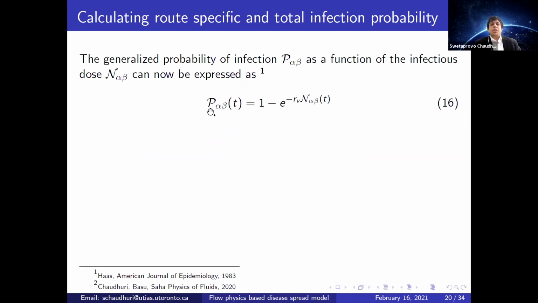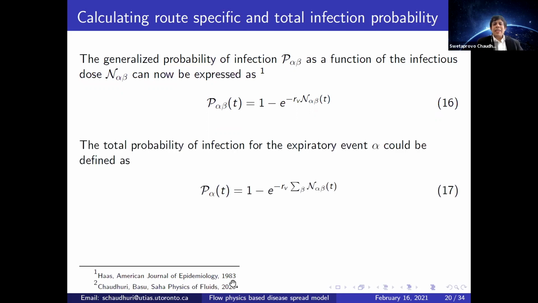So the probability of infection by the expiratory event alpha and the vector beta, where the expiratory event can be cough, sing, sneeze, talk, etc., and the beta can be droplet, nuclei, or fomite, is given by this formula. This is essentially the dose response model that was developed by Haas. And then we can find the total probability of infection if we sum over the contributions of the virus particles inhaled by the different vectors. And that is what we have done.